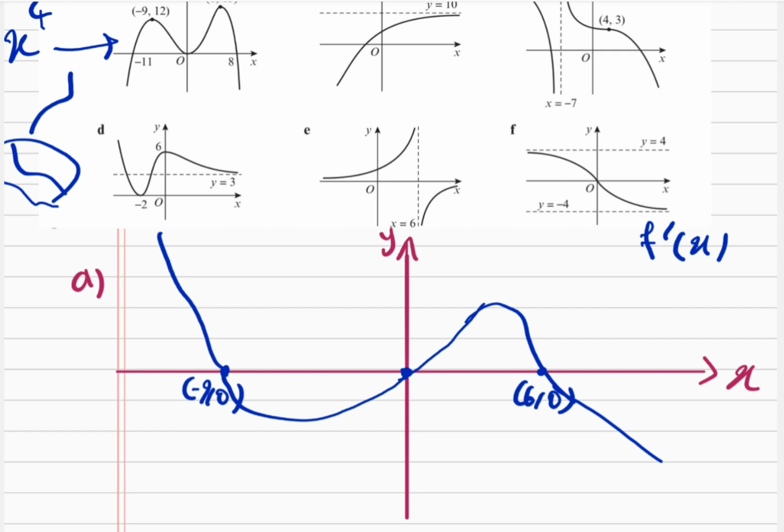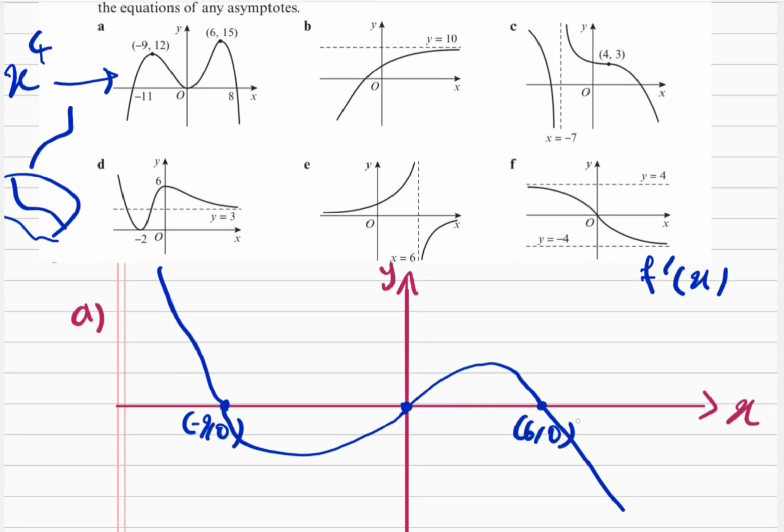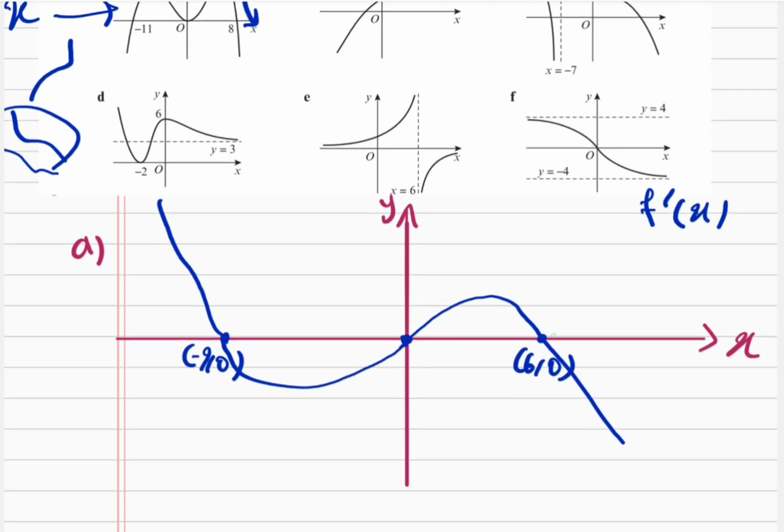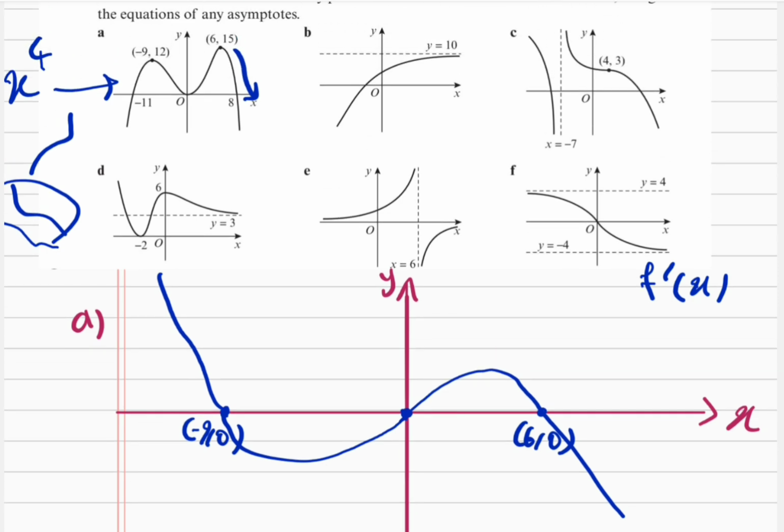I know it doesn't look very accurate, but it's going to be something like this roughly. So it's going to increase and then start decreasing, because if you look at after 6, the gradient is just decreasing. So that's why once it cuts the x-axis, it just keeps going down. Otherwise, it wouldn't make sense.